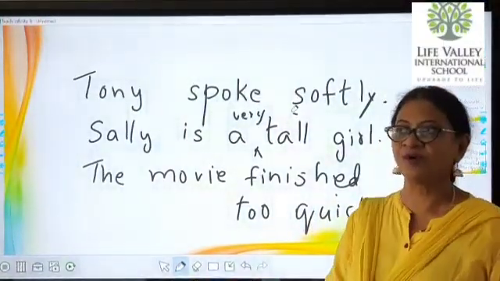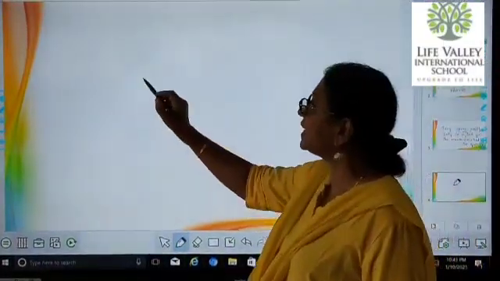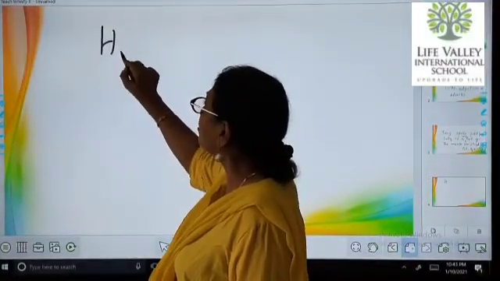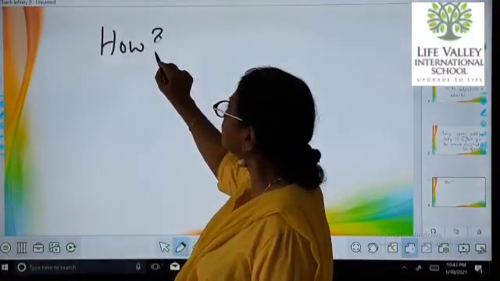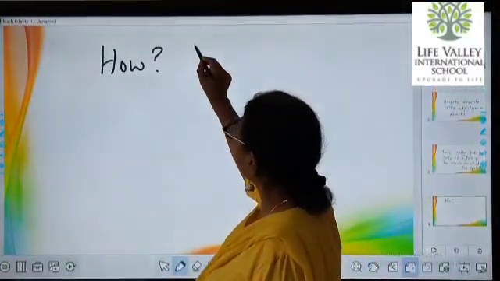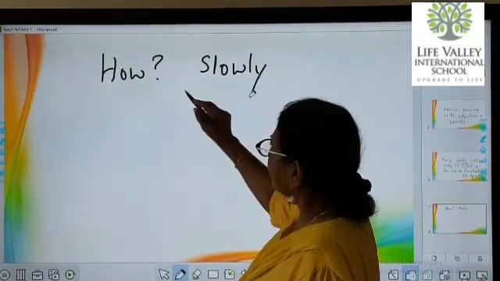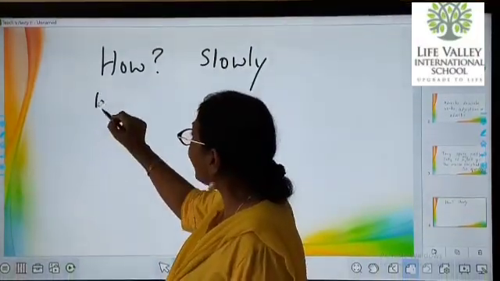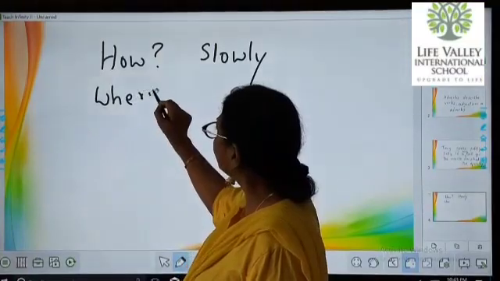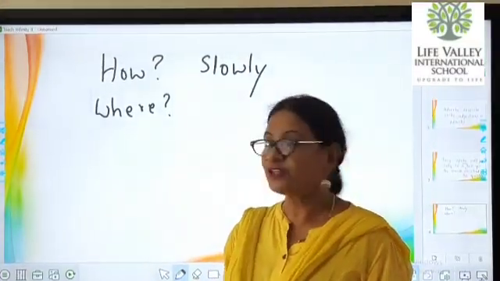Another way of finding out adverbs is, you can ask questions like how. How did it finish? It finished quickly, or it finished slowly. Okay. So how? Where did it go?